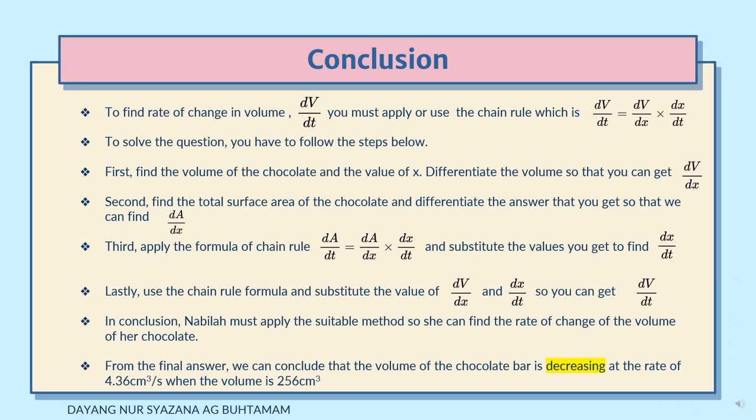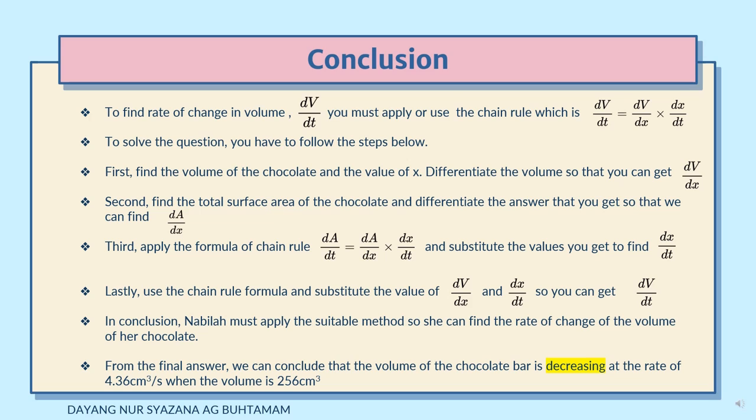In conclusion, to find the rate of change in volume, dV/dt, you must apply the chain rule, which is dV/dt equals dV/dx times dx/dt. To solve the question, you have to follow the steps below. First, find the volume of the chocolate and the value of x. Differentiate the volume so that you can get dV/dx.